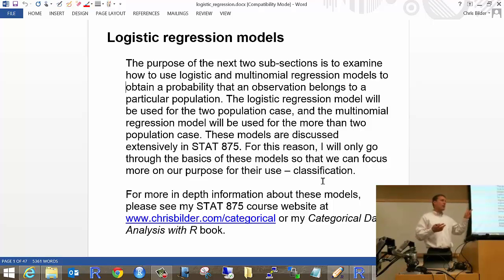It has 2 possible outcomes. We spent a lot of time discussing how you can analyze a situation where you have 2 possible outcomes.